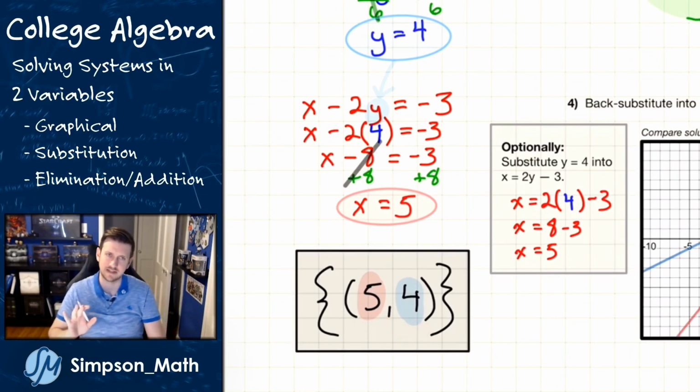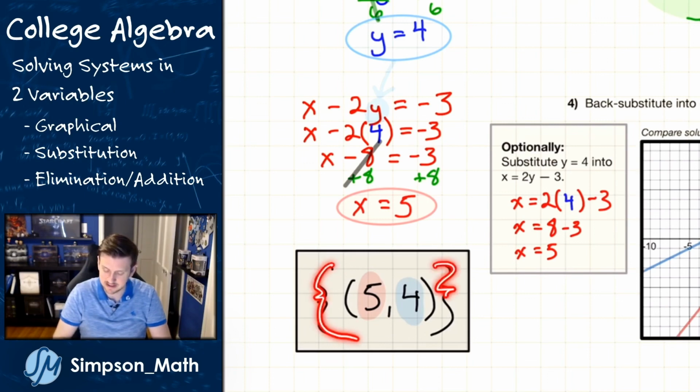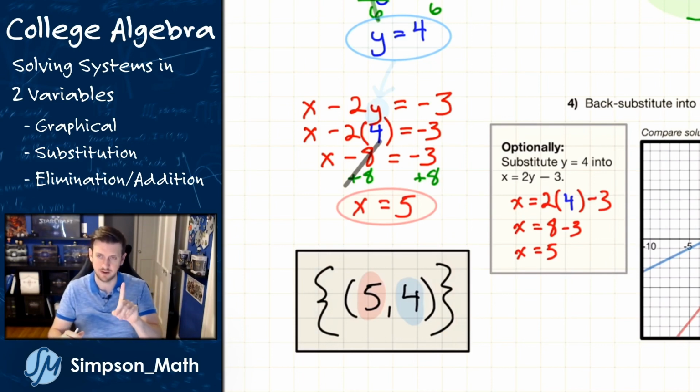Now, this is a little bit of a technical note, but I would like you to put your ordered pair in a set, because this is a set of ordered pairs, but it just contains one thing. The reason why this matters is just a little bit of being more formal.